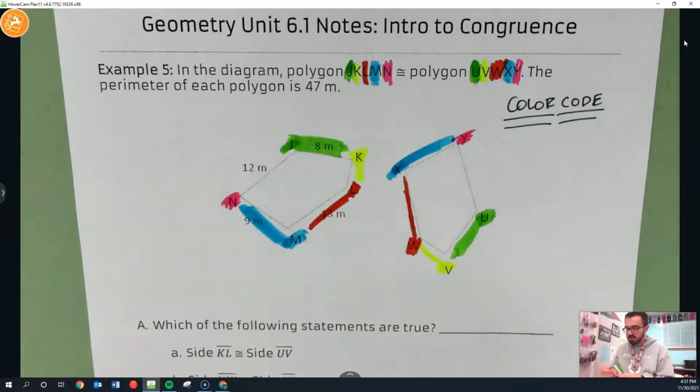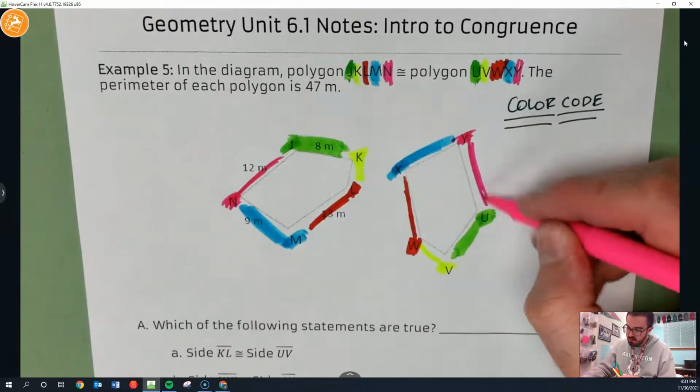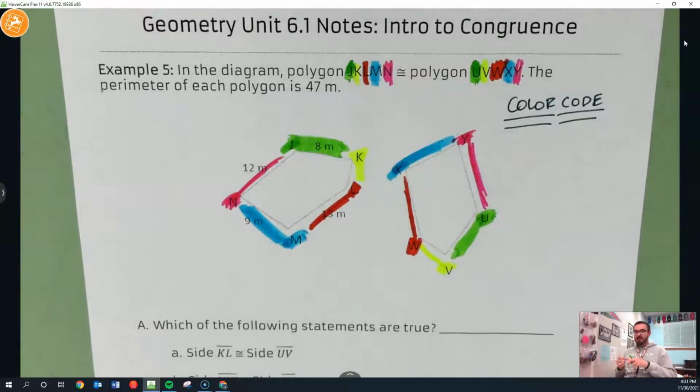All right, so I know this is time consuming, but it does help you. All right, so I've got my picture color coded. So now I just obey my colors.